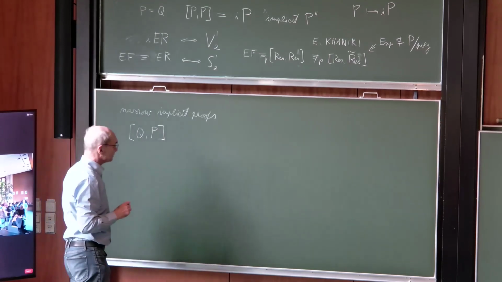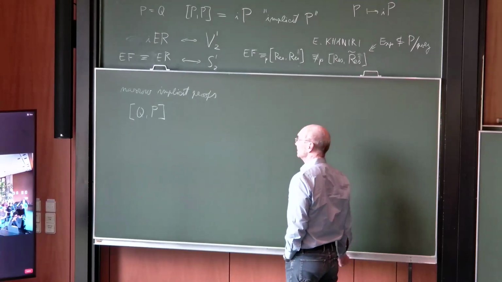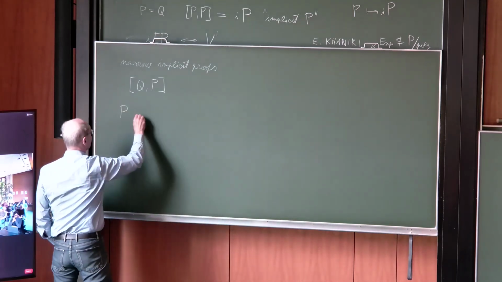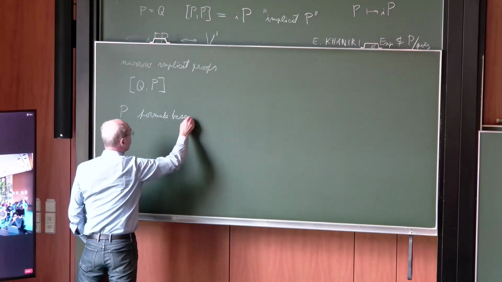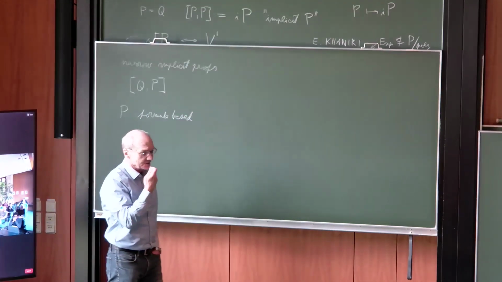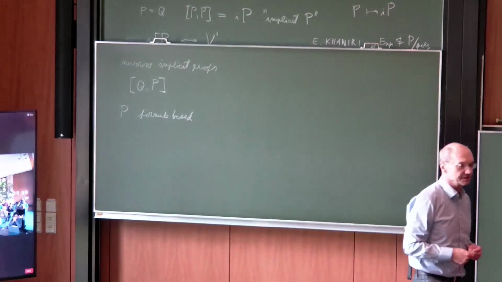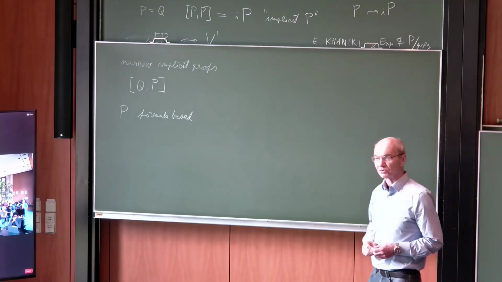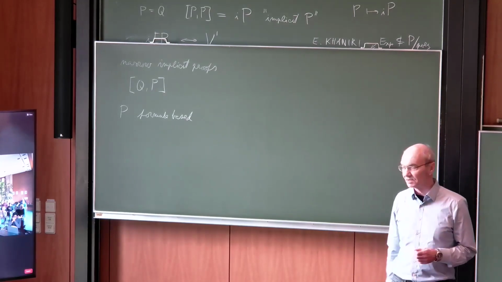But now this cannot be done for an arbitrary proof system. P has to be a proof system which is formula based. It's a proof system where the proof is not an arbitrary string satisfying some property, but really a sequence of formulas. They do not have to be particular Boolean formulas, but it should be based on elementary steps.